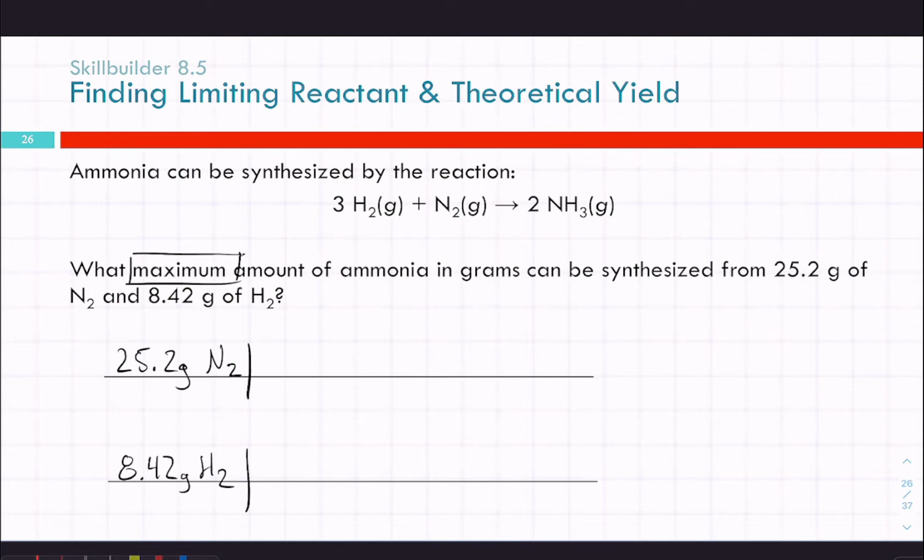14 for a single nitrogen atom times 2. So it'll be 28, close enough to 28.00 grams of N2, then 1 mole of N2.